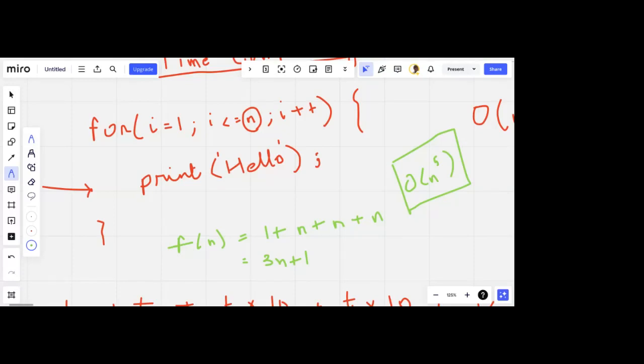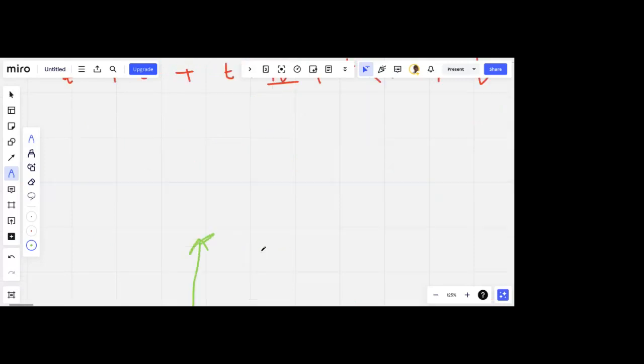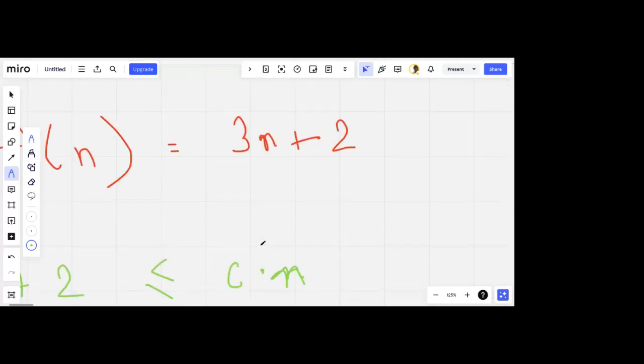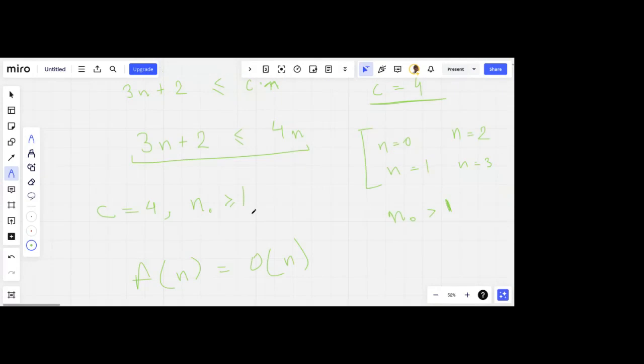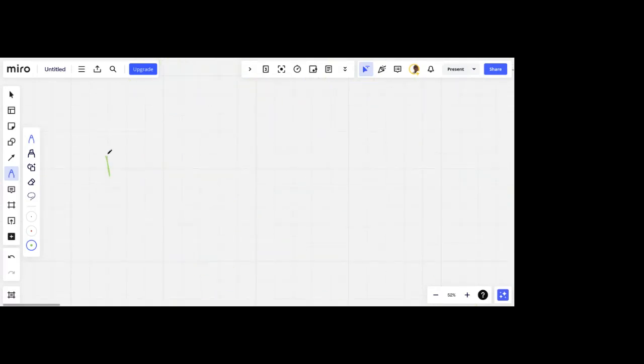See what I'm saying is, for f of n is 3n plus 1. Here we took the 3n plus 2 example, right? So when my f of n is 3n plus 1, can I say that for this function or algorithm the big O time complexity is big O of n?